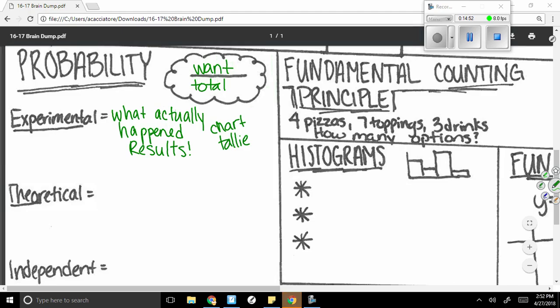Then we've got theoretical probability. Remember, theoretical is talking about in theory, or what you think will happen. Remember, a lot of times we're talking about spinners and dice when we talk about that.